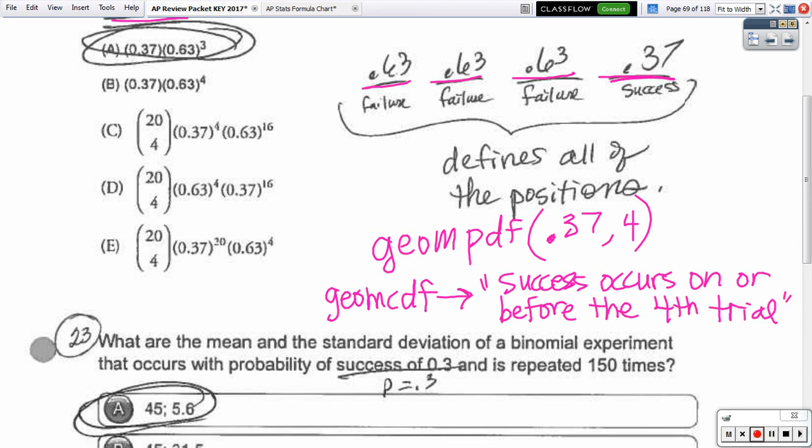See, you're accumulating the possible locations of a success. It can occur on the fourth trial or before, on or before, accumulating the places. That's when you would do geometric CDF.